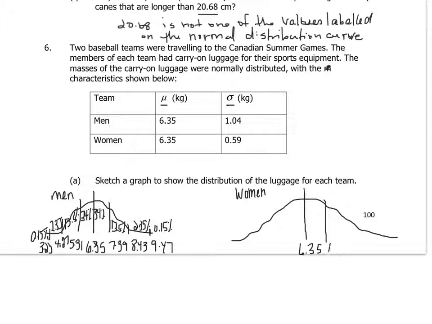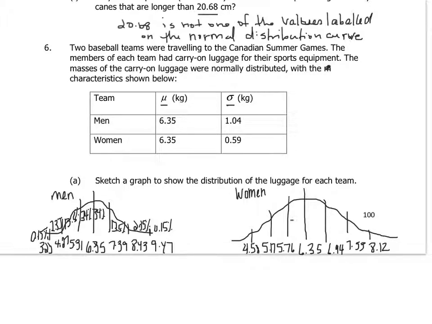So that'd be 6.94, plus another 0.59, 7.53, plus another 0.59, 8.12, and then on the left it would be 6.35 minus 0.59, which is 5.76, minus 0.59 is 5.17, and minus 0.59 is 4.58.